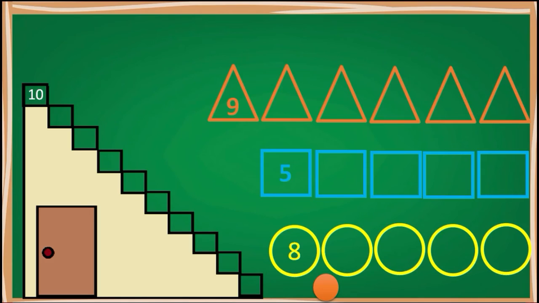Okay. Example 10. The next step we write 9. Following step writing 8. Following step writing. Now you will complete this staircase. In this activity, you will write backward counting starting from the given number.